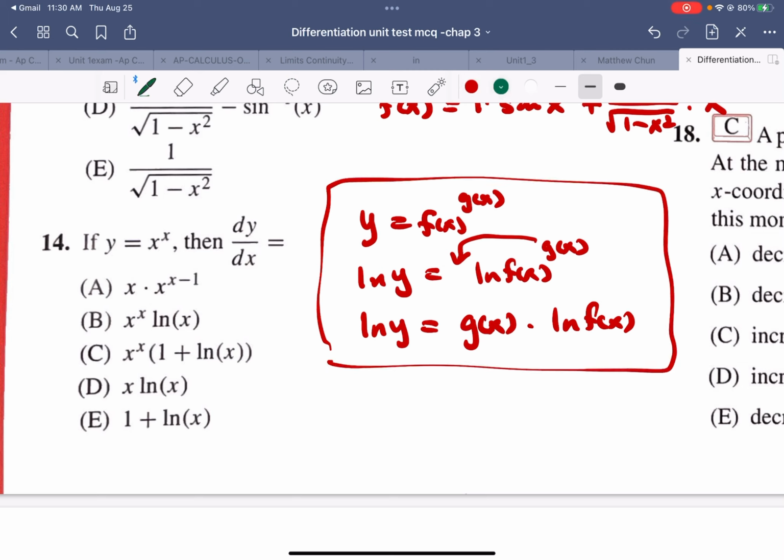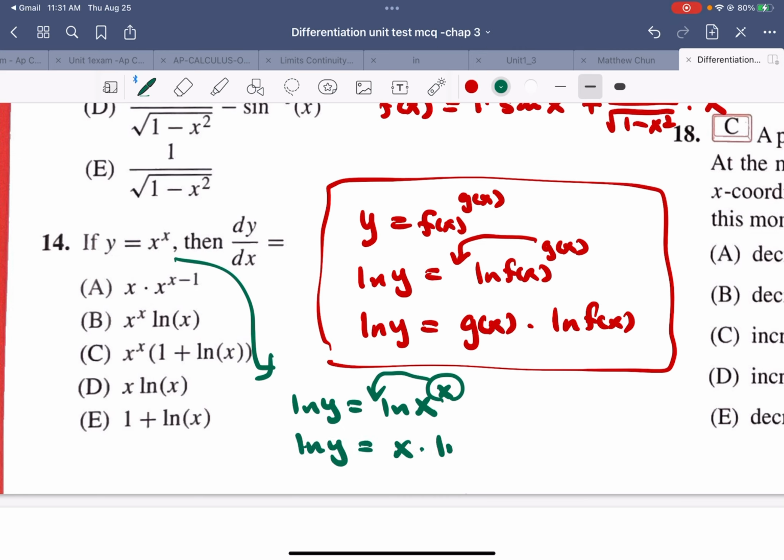So then let's take ln on both sides in the beginning. ln y equals ln of x to the x. Okay, from here when you take ln on both sides, now x you can take in the front. So ln y equals x times ln x. Now I'm going to take a derivative.